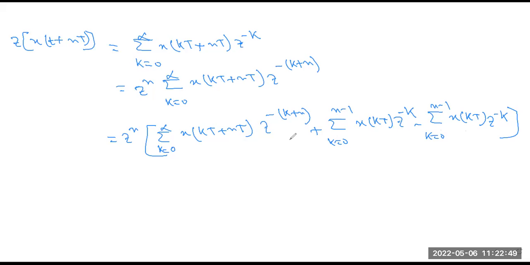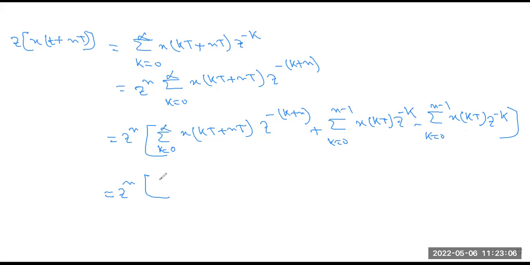Because first you have to apply k equal to 0, then k equal to 1, then k equal to 2, and so on. This process is continuing. So the common term z to the power n is a constant term.